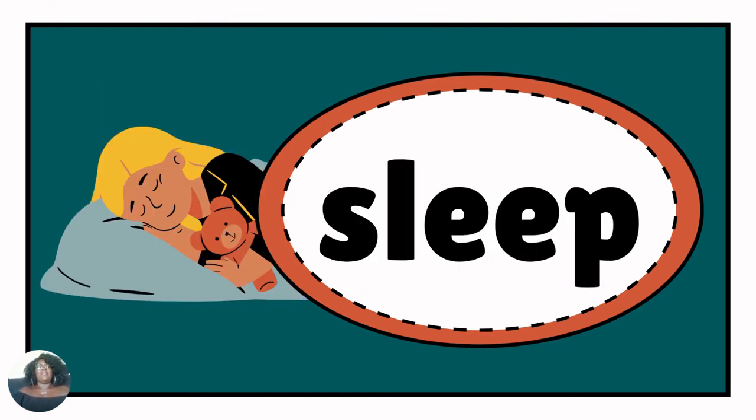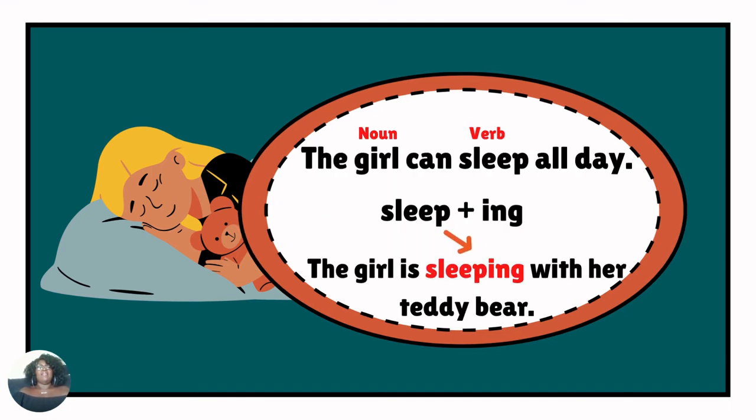Sleep. This is something a lot of us don't get enough of. Sleep. Next slide. Our sentence: The girl can sleep all day. The noun is girl. The verb is sleep.